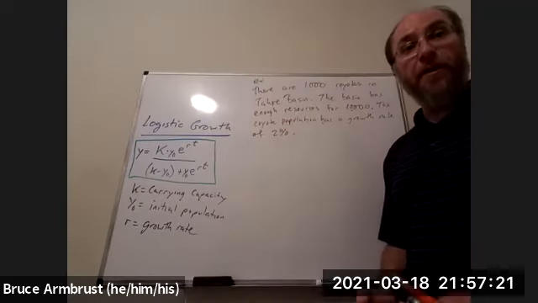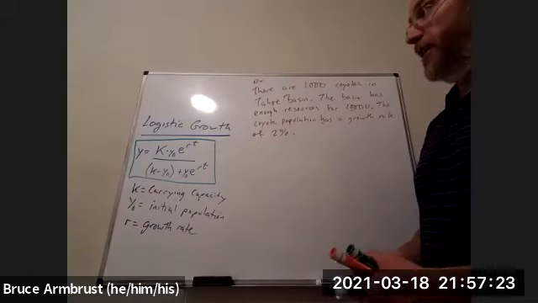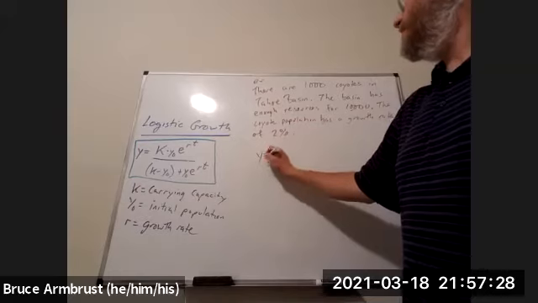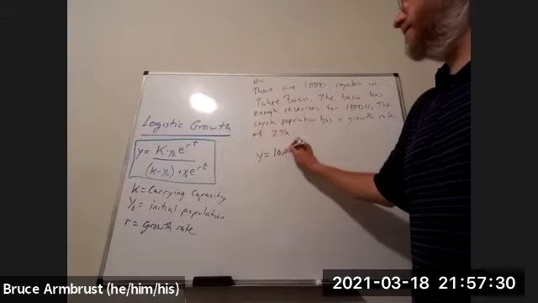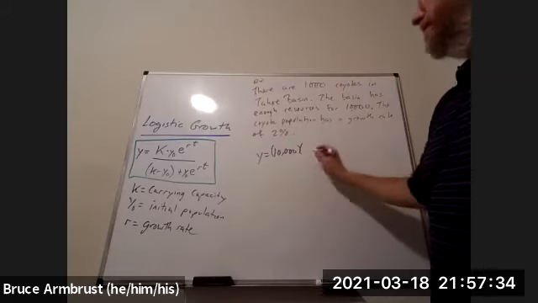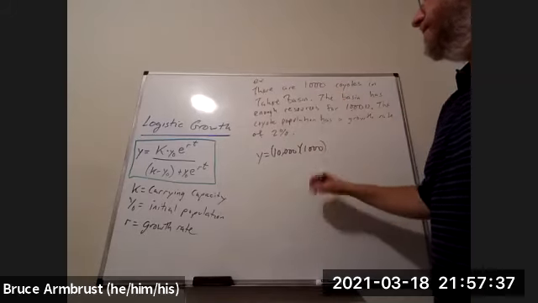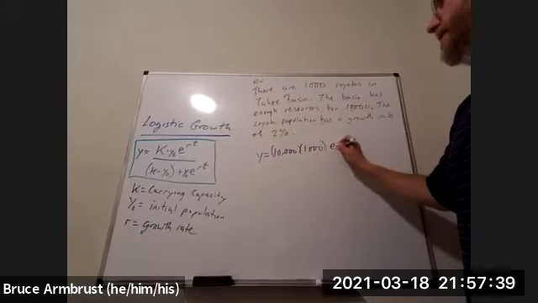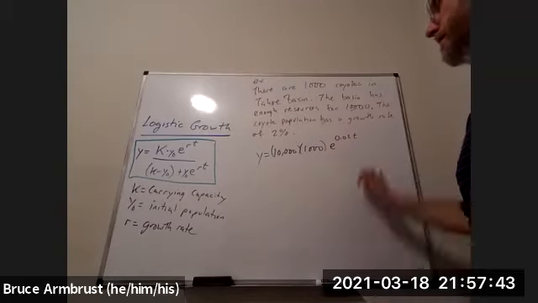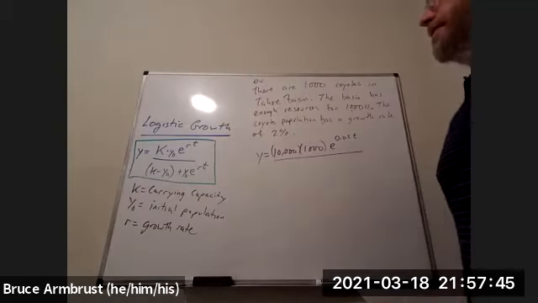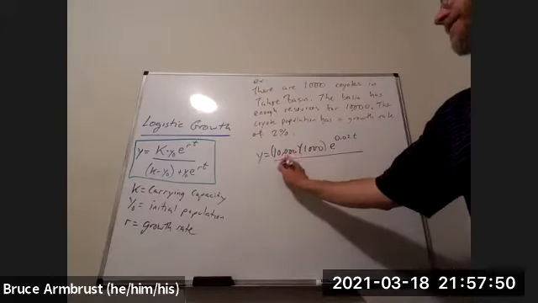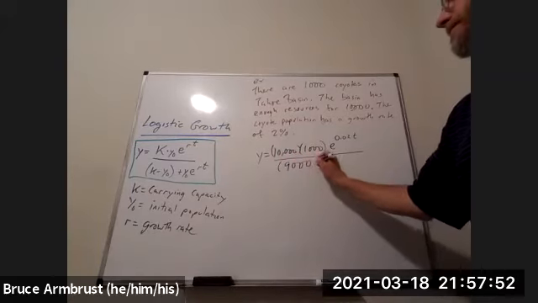Here you go. We're going to build a model showing the population of the coyote. So we're going to have y equals the K, 10,000, times the initial population, 1,000, times e to the rt. Well, r is 0.02. All right, in the denominator, we need to do K minus y naught, which is just going to be 9,000.